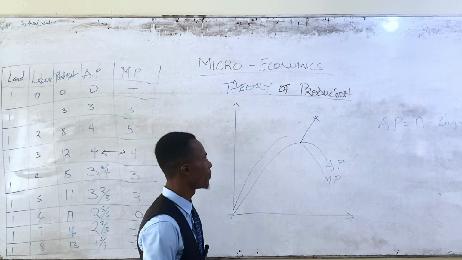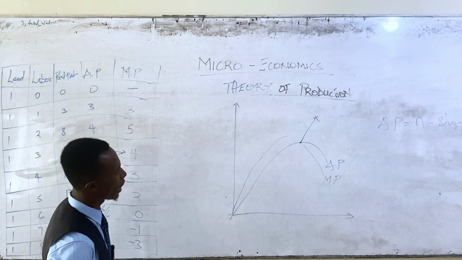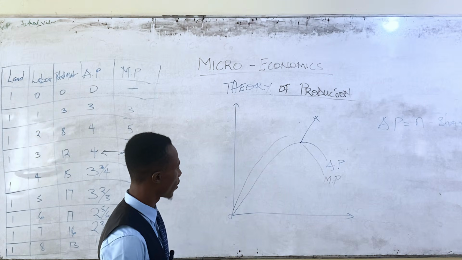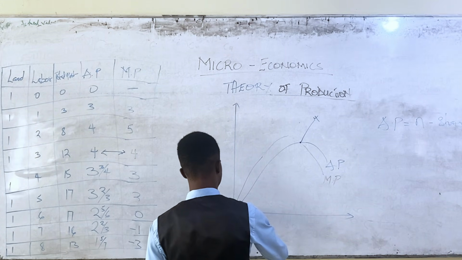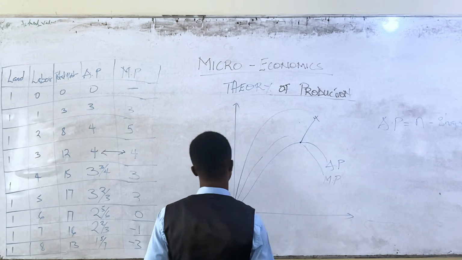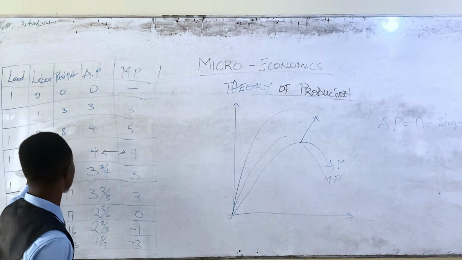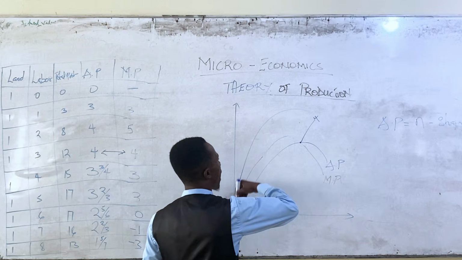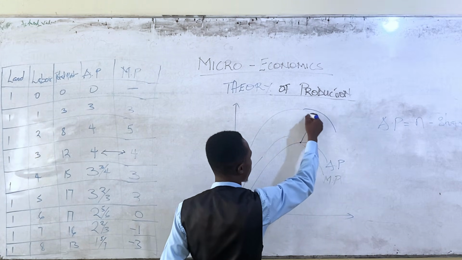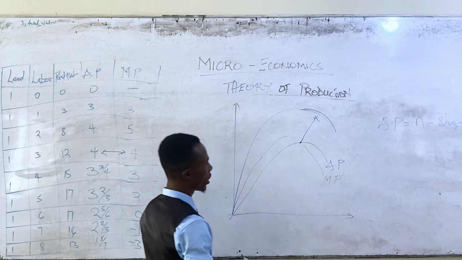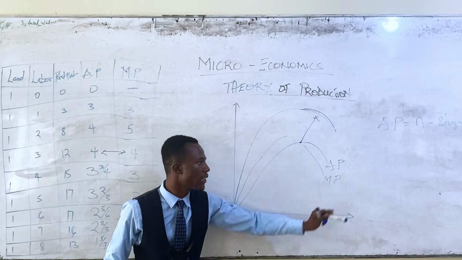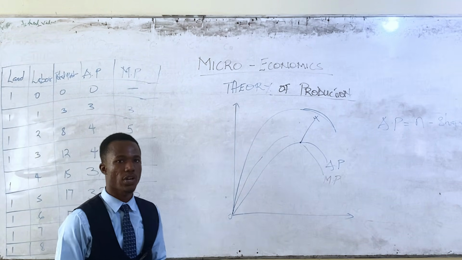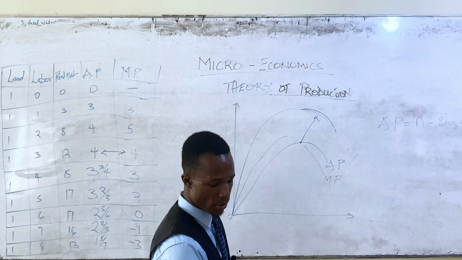Okay, there's the curve. And for the total product, it is always going to be more than them. It rises high above them, then it also falls just like them. But the relationship between the average product and the marginal product is what you have to take very good care of.